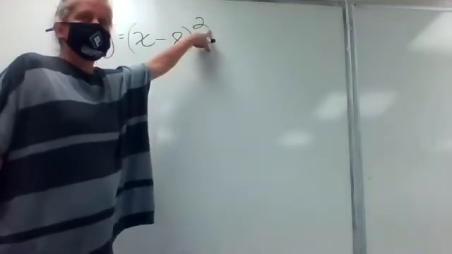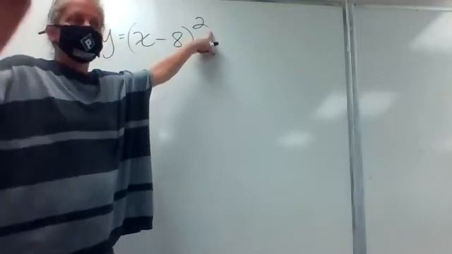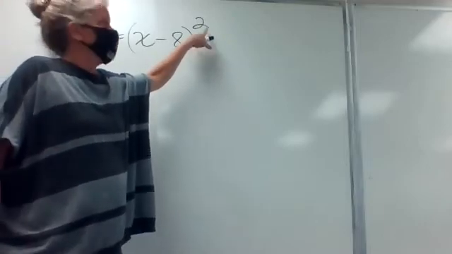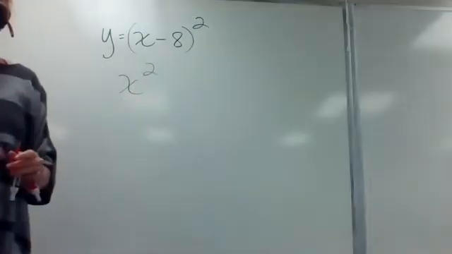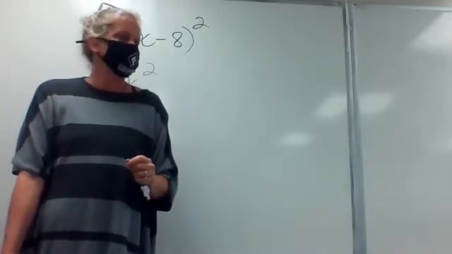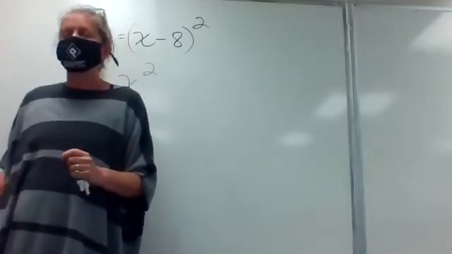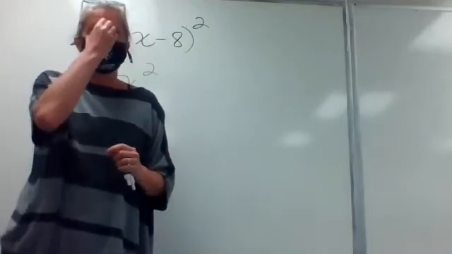But this right here is what gives it its shape. So it's going to be an x squared U shape. So what you're going to have to do is put this x squared in either the A answer, the B answer, the C answer, or the D answer. The difference on A, B, C, and D is where it's telling you to shift the x squared graph.